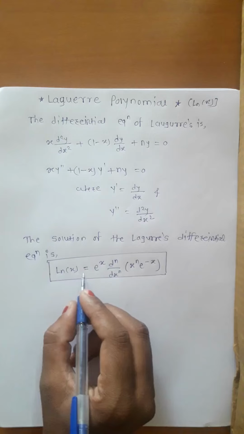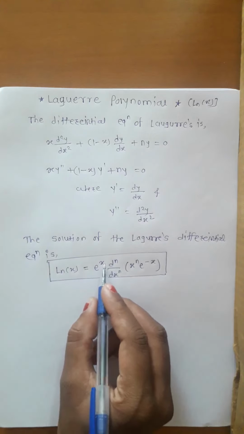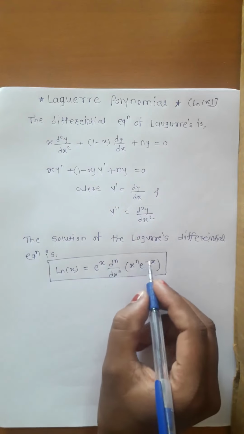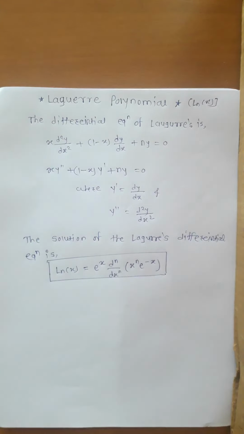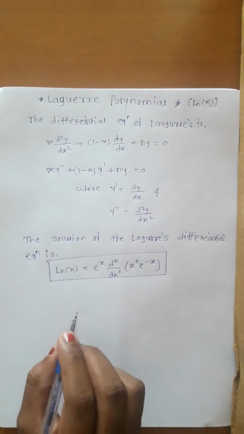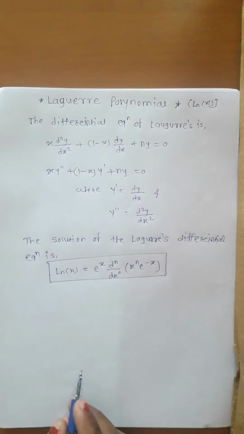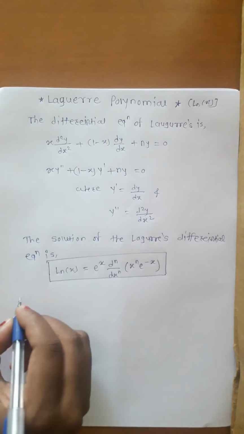Ln of x is equal to e raised to x into d raised to n by dx raised to n into x raised to n into e raised to minus x. Now we have to find out the first four Laguerre polynomials by using this equation.